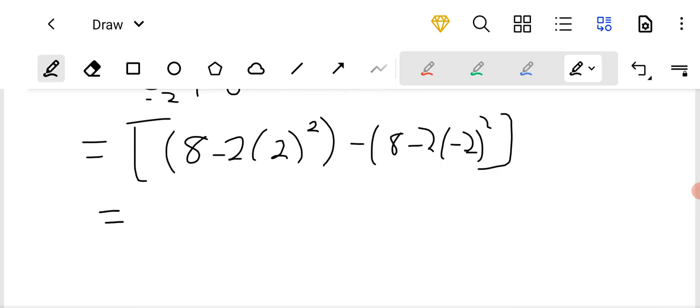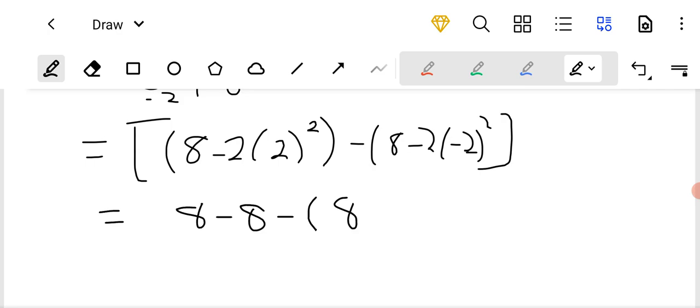So if we simplify, it will be 8 minus, here we have a 2. 2 squared is a +4. -2 times the +4 is a -8, and then you have minus in parentheses, 8 -2 again multiplied by a +4.